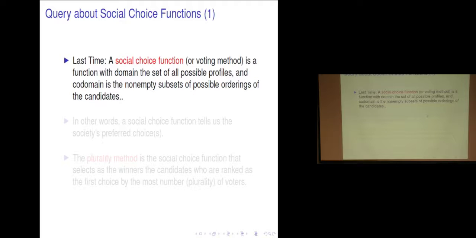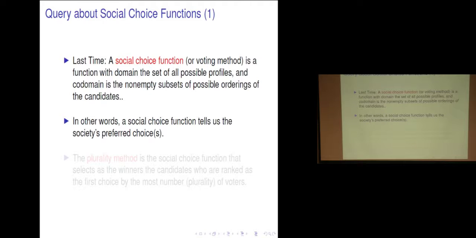The output is not a single name, but a list of preferred ordering. This is what I did last time. So in other words, a social choice function tells us the society's preferred choices.